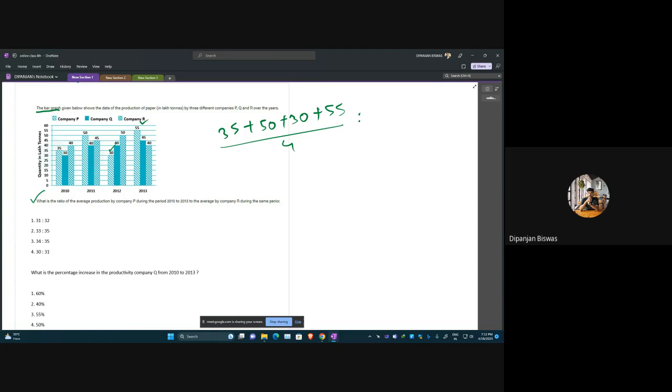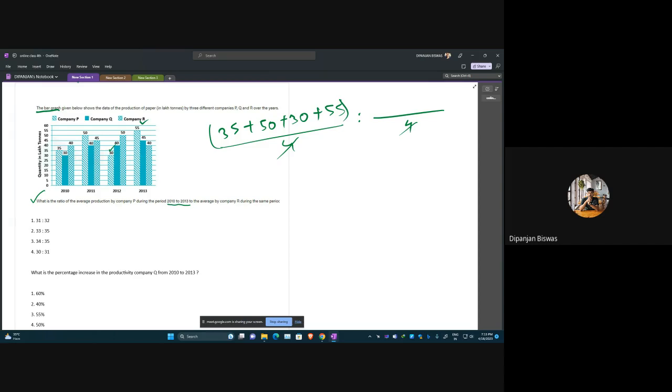But as a ratio has been asked, and the same range of data set is being asked, 2010 to 2013, to get the average you have to divide by 4 on both sides. So just don't divide it beforehand, because 4 will be cancelled out from both sides.